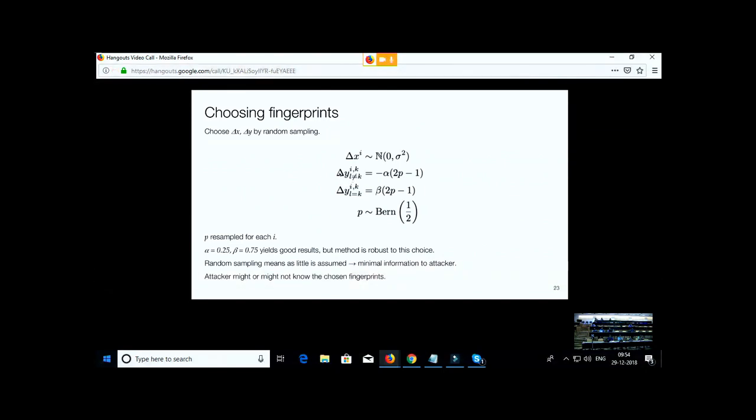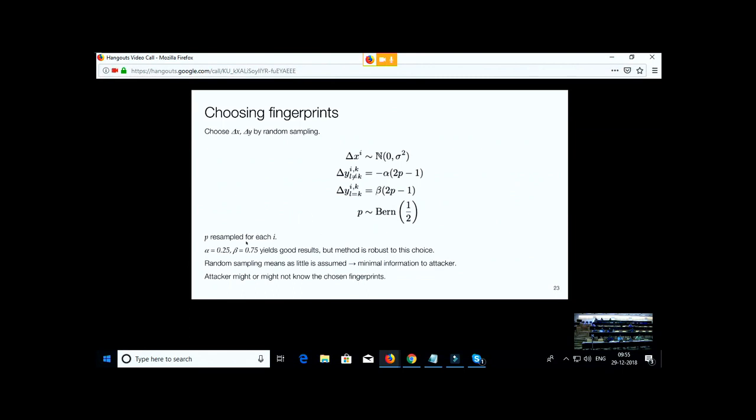Delta Y is a vector, and here l is the index for this vector. For every fingerprint direction i, let's say the ground truth class is k, then we randomly flip a coin and say that delta Y should either be negative or positive according to these parameters alpha and beta.